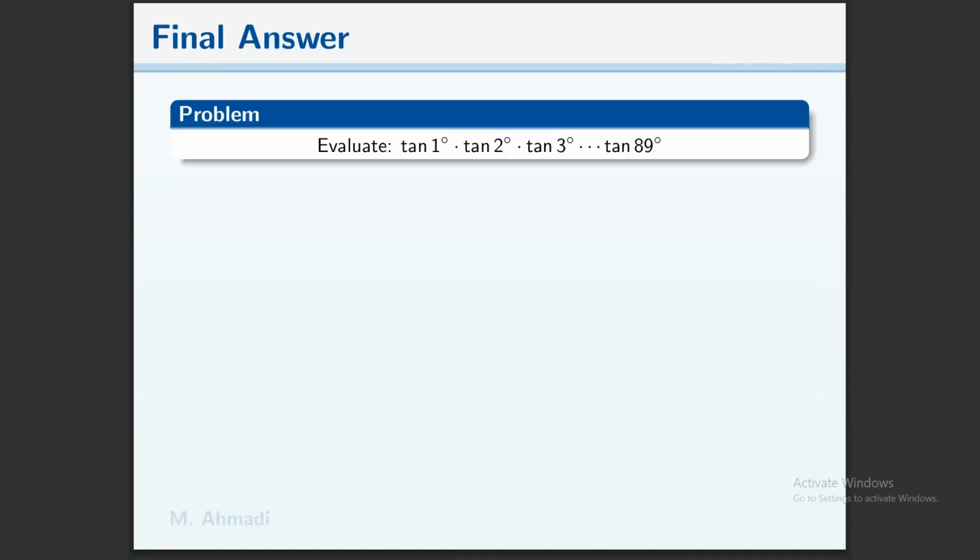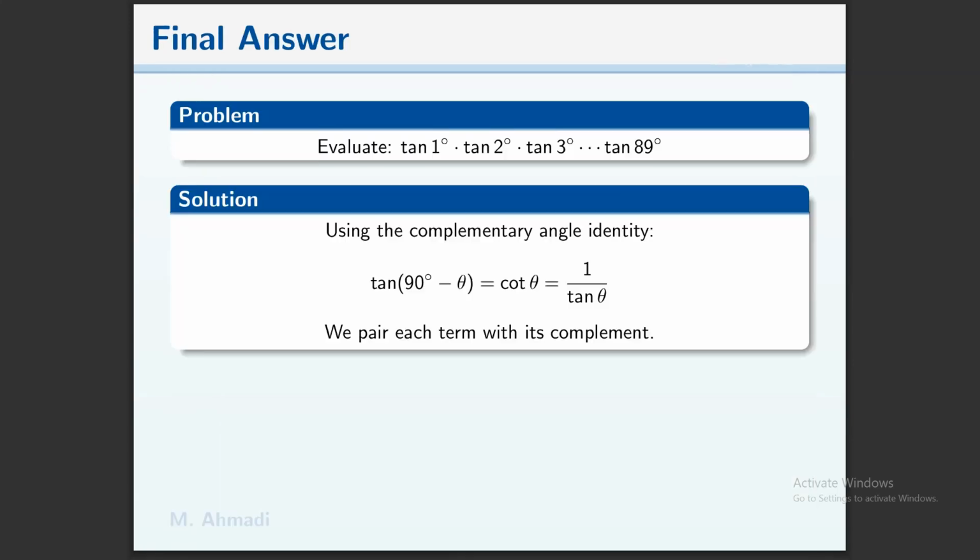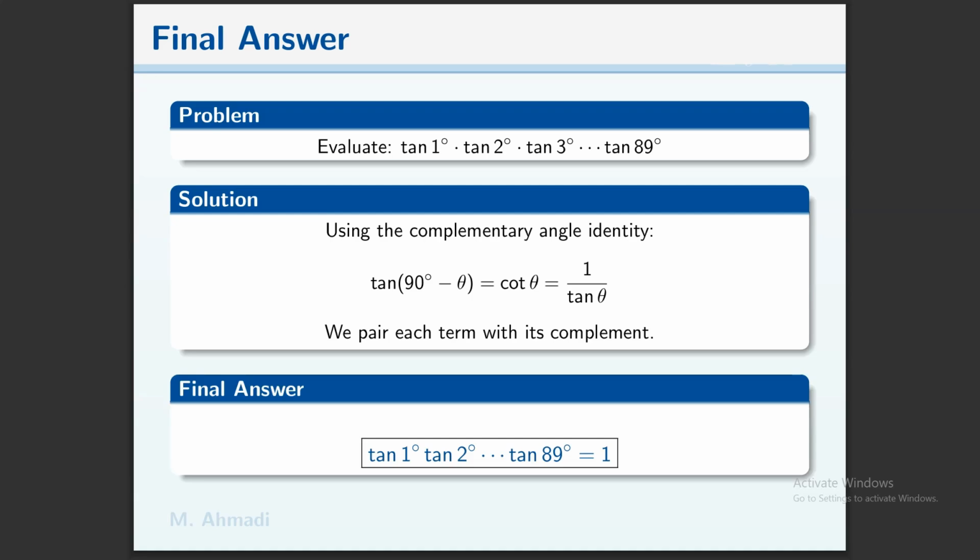So, final answer, the result of tangent of 1 degree multiplied by tangent of 2 degrees, tangent of 3 degrees, and so on, up to tangent of 89 degrees, is equal to 1. The final answer is 1.